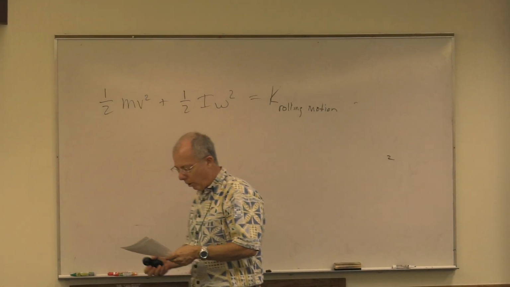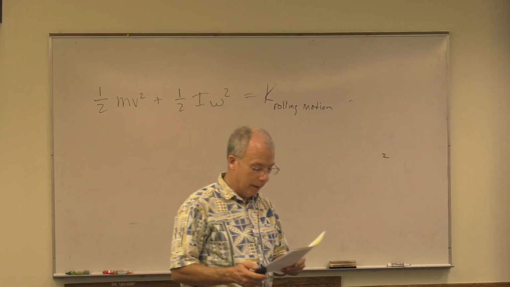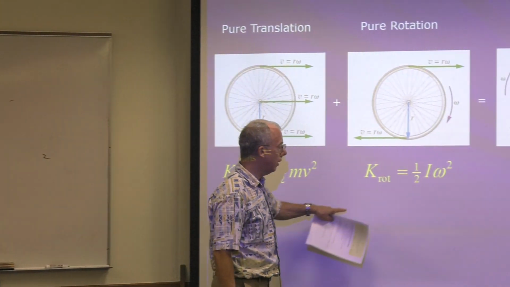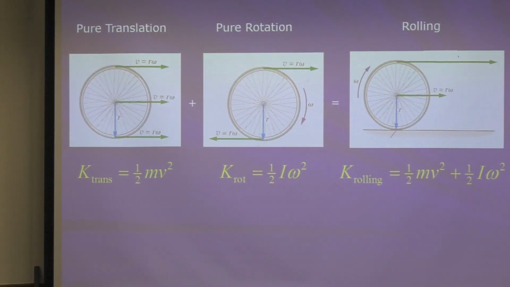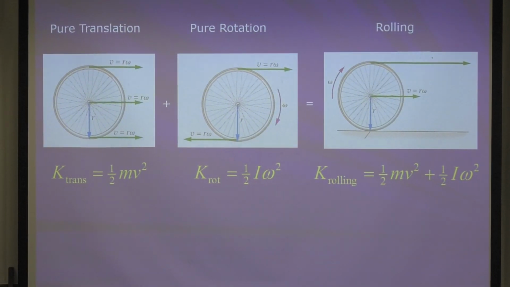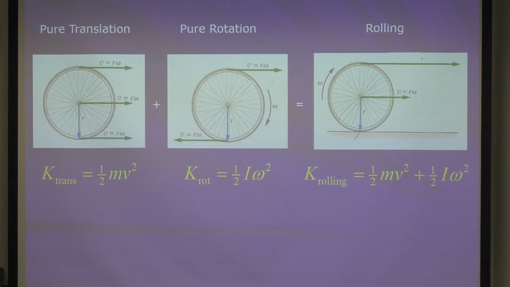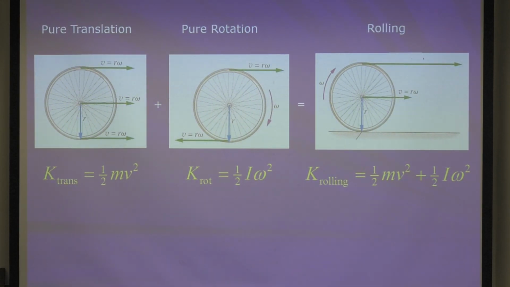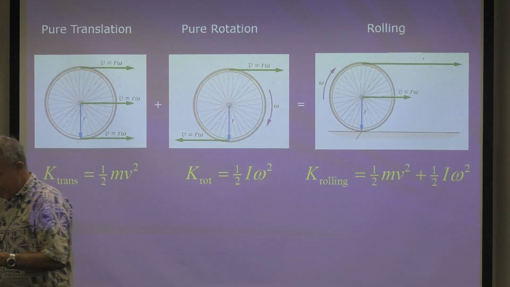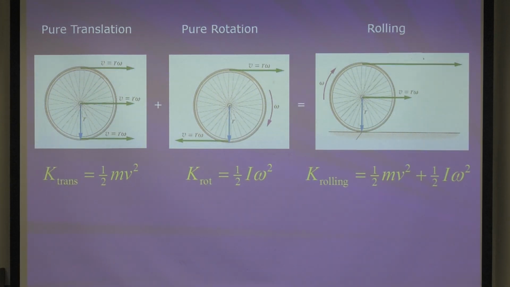So you add them together and you get rolling. There are two terms for the kinetic energy of rolling motion. And you'll probably use that in a lab near the end of the semester. Okay, so that's very important.